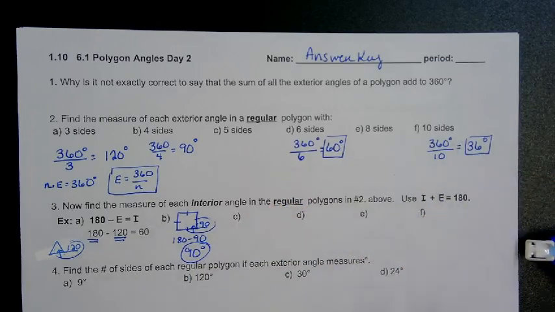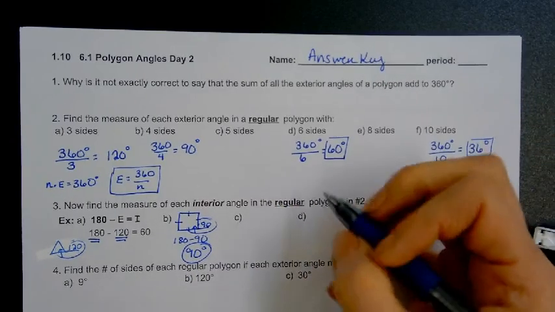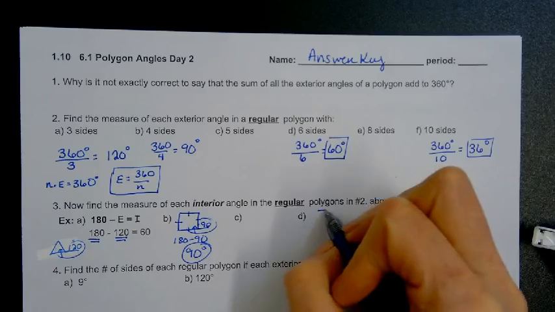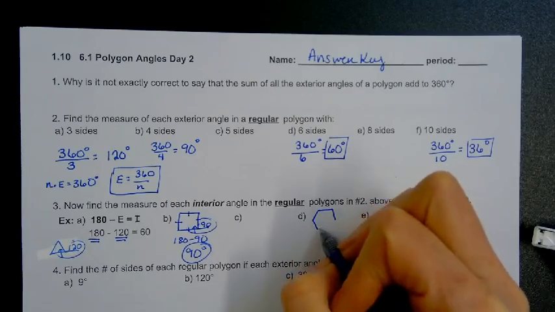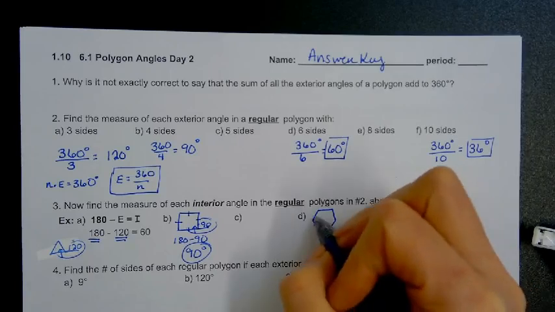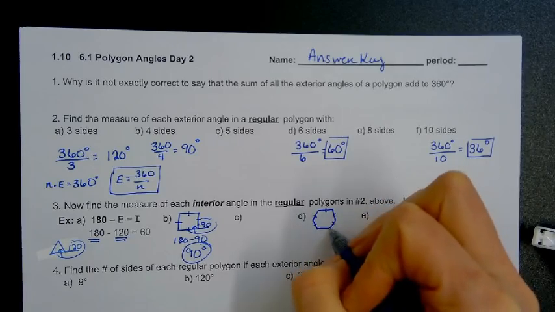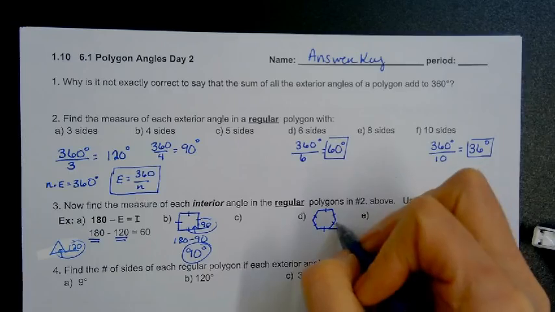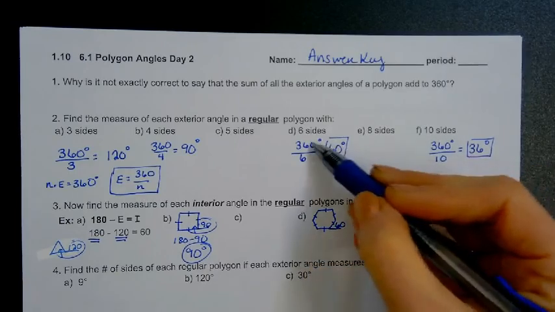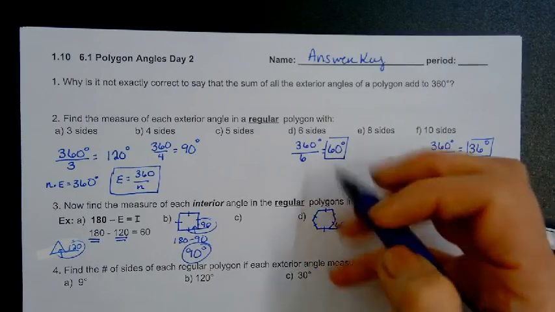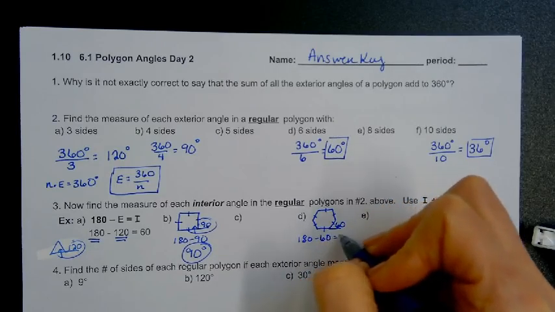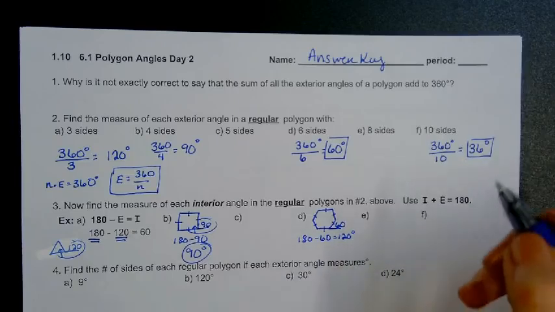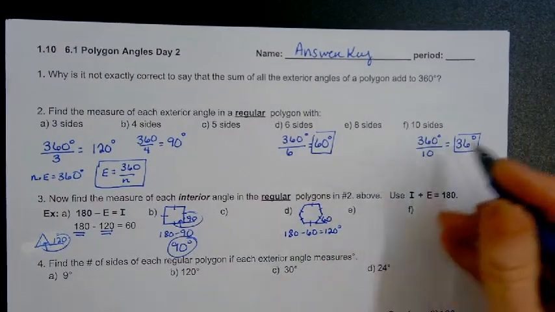Okay, so when we look at letter D, here we have a hexagon. I'll draw one as best I can. That's a regular hexagon. All the sides and all the angles are congruent. So here's a hexagon. And the exterior angle was 60, because we took 360 and divided by 6. Well, the interior angle is going to be 180 minus that. So that's going to be 120. Okay, so for letter F, here we have a 10-sided figure.